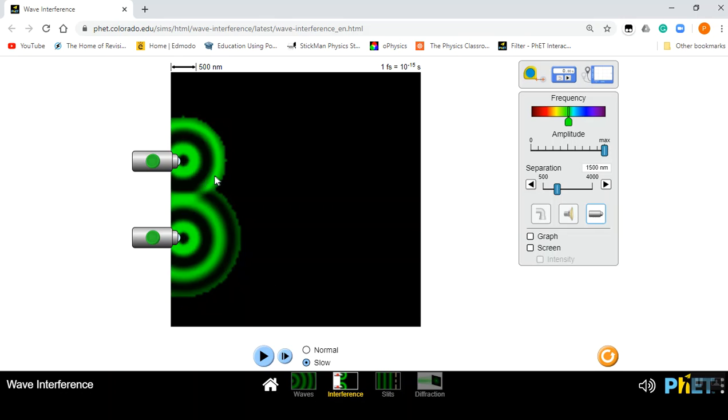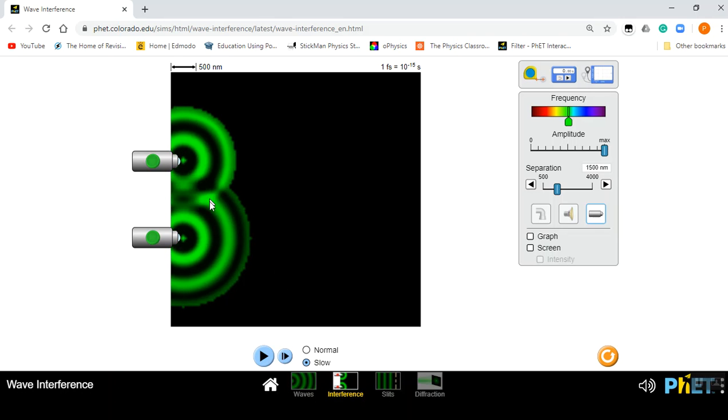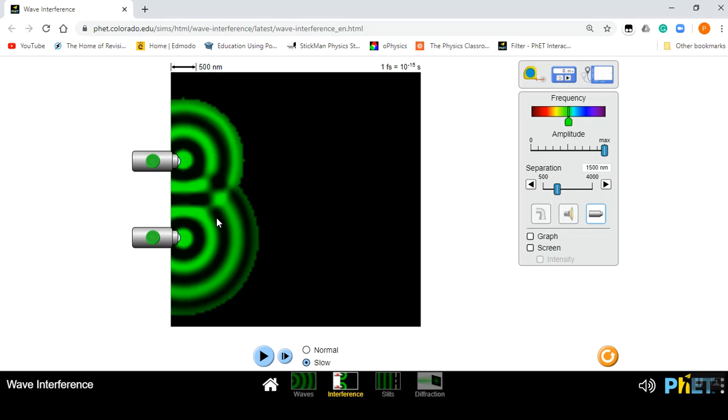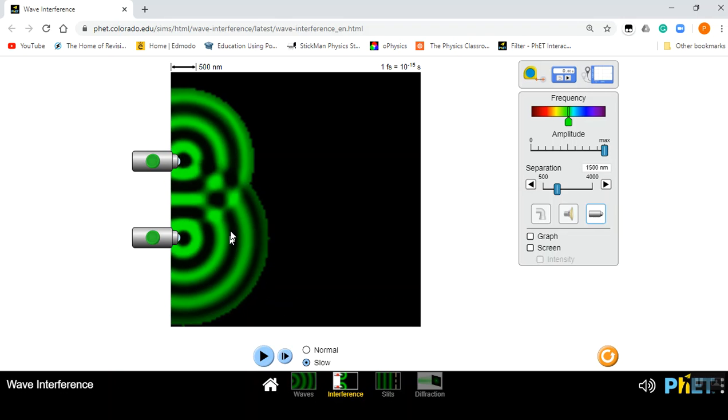The second crest meeting the second crest creates constructive interference, and there we see the constructive interference. Then we see trough meeting crest, destructive interference. Then we see crest meeting crest, trough meeting trough, constructive interference.